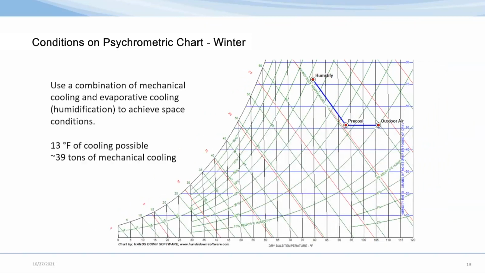This can be done via mechanical cooling, but we can also offset some of that cooling load by having adiabatic cooling technologies, such as high pressure atomization, where we still follow that enthalpy line and drive it up into the desired temperature. With this specific example, if there's that range and flexibility, we can offset about 13 degrees Fahrenheit of sensible cooling, which equates to about 39 tons of mechanical cooling.